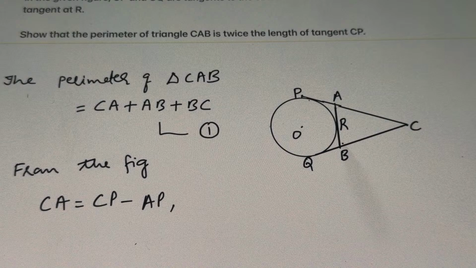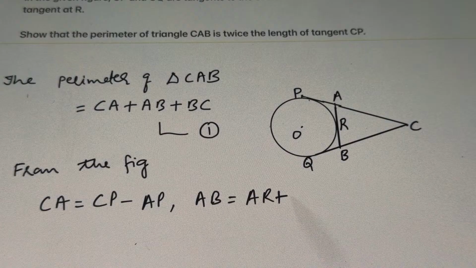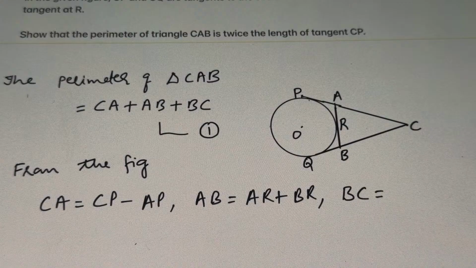Similarly, AB is equal to AR plus BR, and BC is equal to CQ minus BQ.